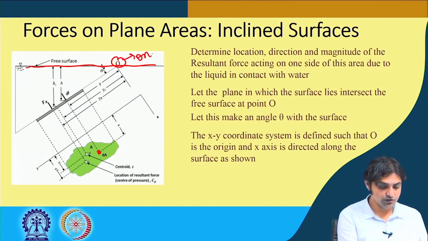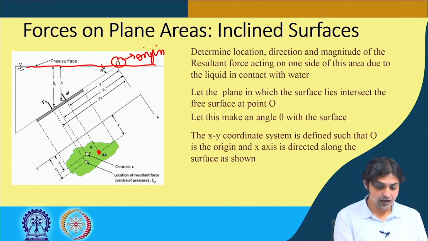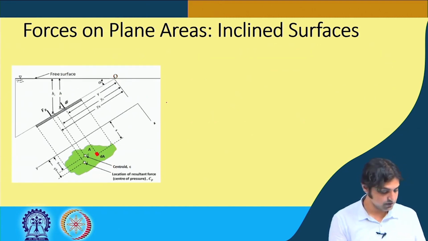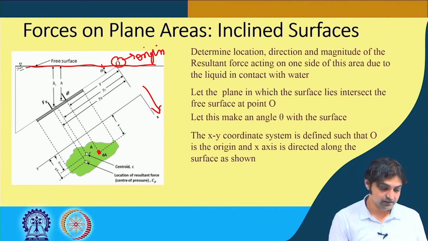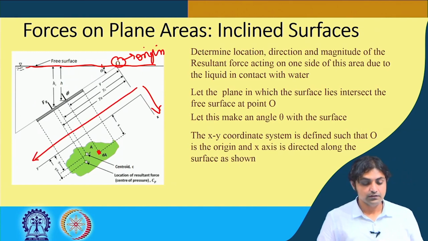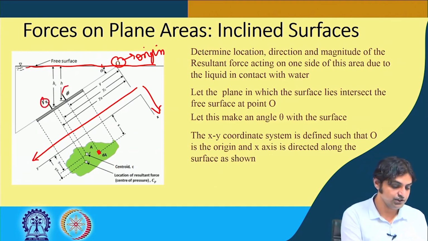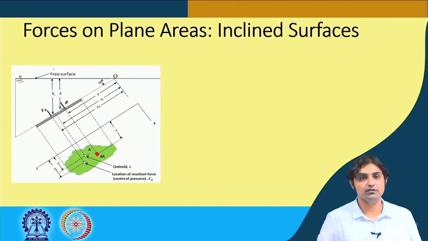So, this is the origin, and the x axis is directed along the surface as shown. This is the x axis and this is the y axis. This is just explaining the setup, and we are going to look at the individual terms when we describe them. You see many things here, centroid, location of resultant force, FR, dF, but we will come to them one by one.